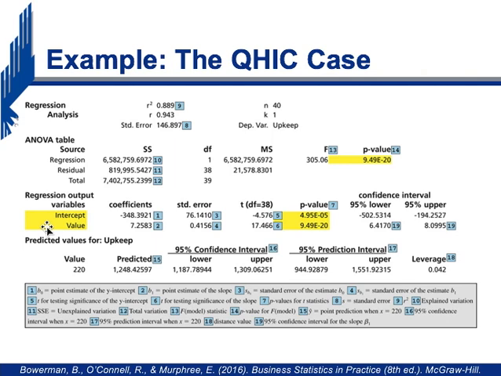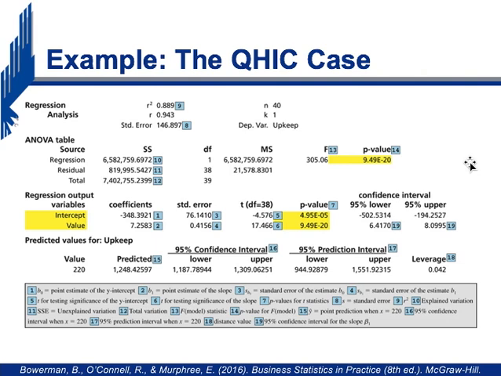Now, if you look closely, the p-value for the F-test is the same as the p-value for the t-test for the slope. So they will always be equal for simple linear regression. And again, both are used in order to interpret if there is a statistically significant relationship between x and y.